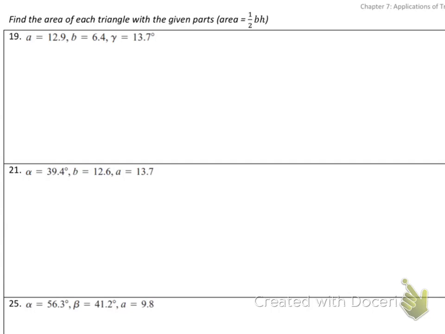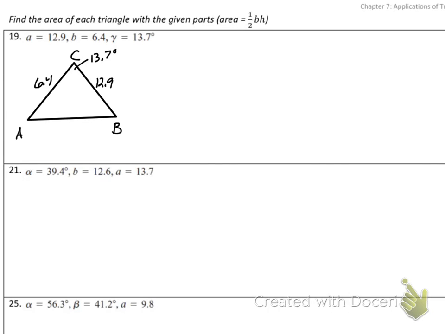So 19, we have A, B, and we have angle C. If I draw some stereotypical triangle and call this A, B, C, we know length A is 12.9, side B is 6.4, and angle C is 13.7 degrees.